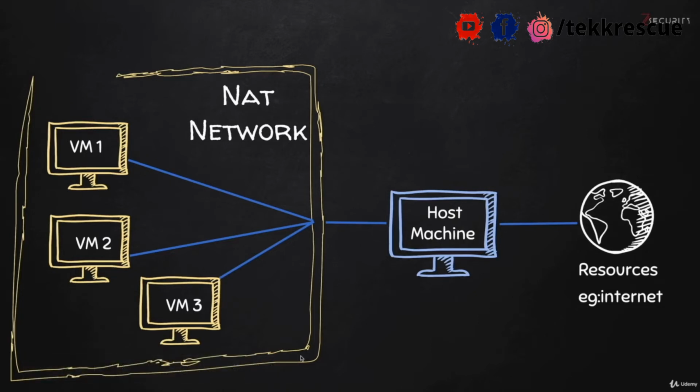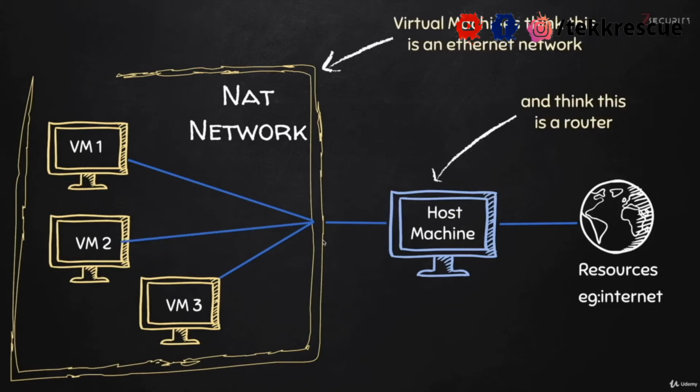This is very handy because my virtual machines will be able to communicate with each other, and therefore will be able to use the Kali machine to hack into the others, will be able to test network attacks, and do much more. So this setting will first allow my virtual machines to have internet connection, and it will also allow them to communicate with each other through this virtual NAT network.